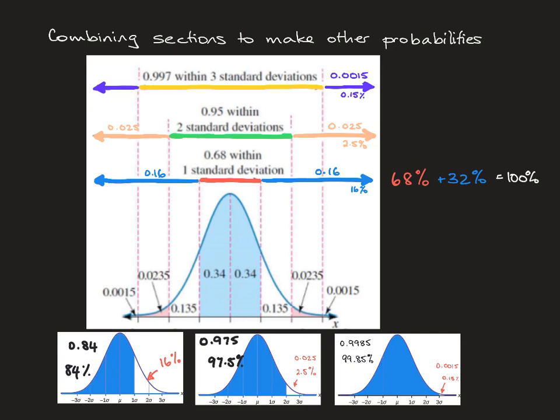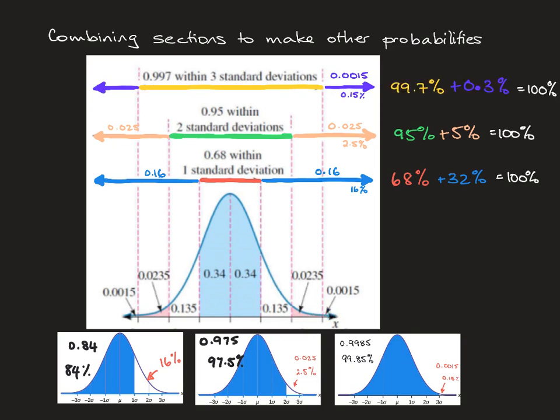If we do the same with 95, then we get 5% remaining that's equally spread between the right-hand side and the left-hand side. So spreading 5% equally on both sides gives you 2.5% on both sides. So the probability that our x value is greater than this particular value here is 2.5%.